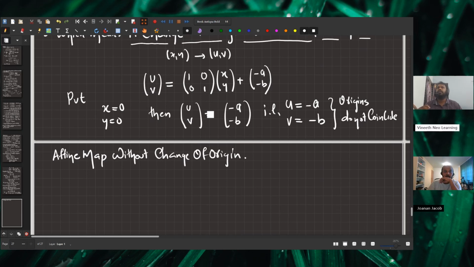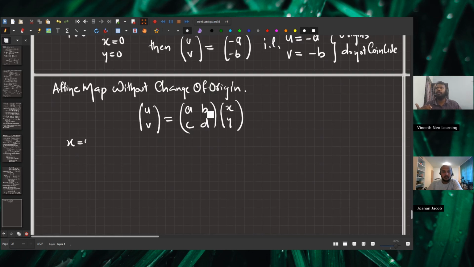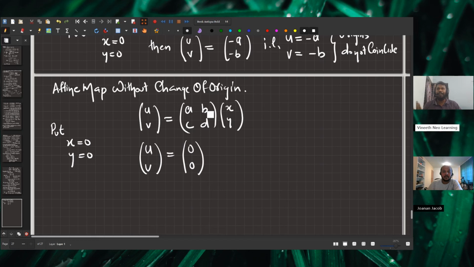For instance, let's consider u v equals a b c d times xy. When we put x equal to 0 and y equal to 0, u v becomes 0 0, the null vector, that is u equals 0, v equals 0. Origins coincide.